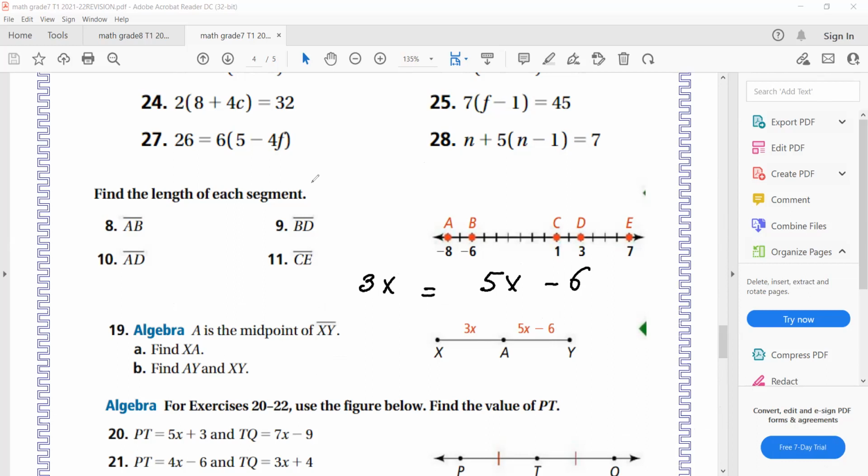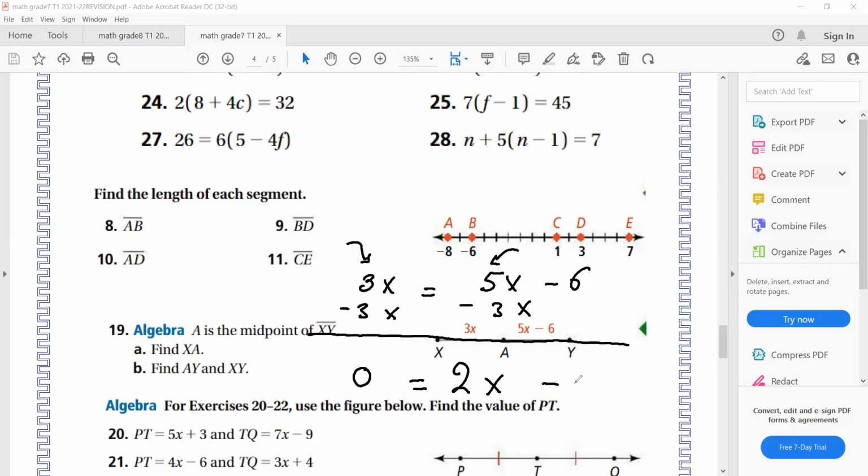Okay, I have a variable on both sides. Which is smaller? 3x. Then subtract the 3x. 3x minus 3x, 0. 5x minus 3x, 2x. Minus 6. How can I remove minus 6? Plus 6.